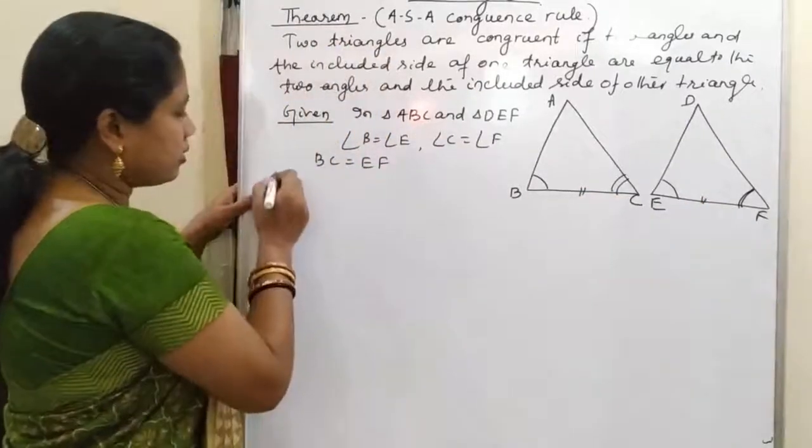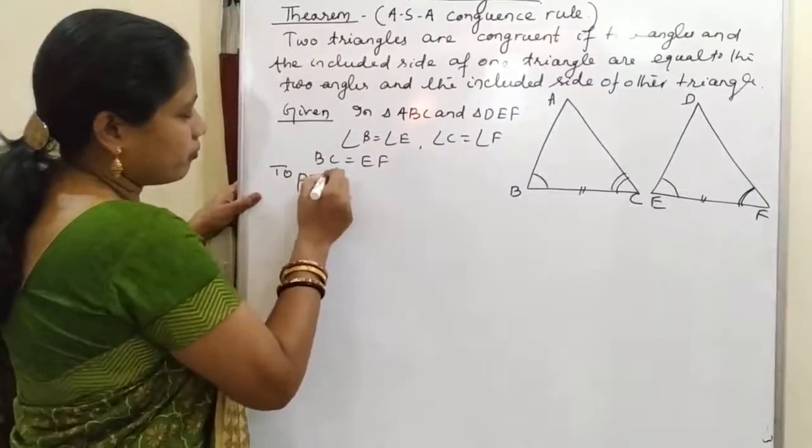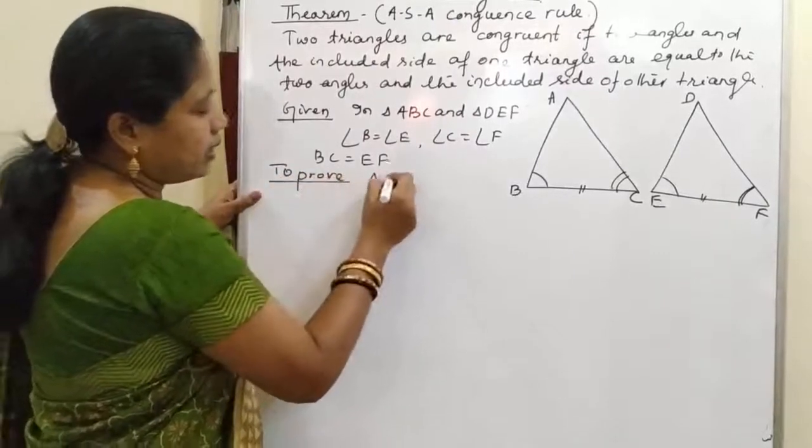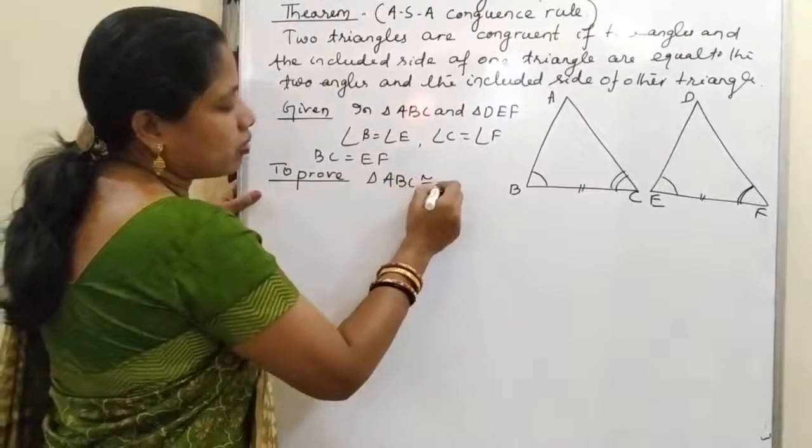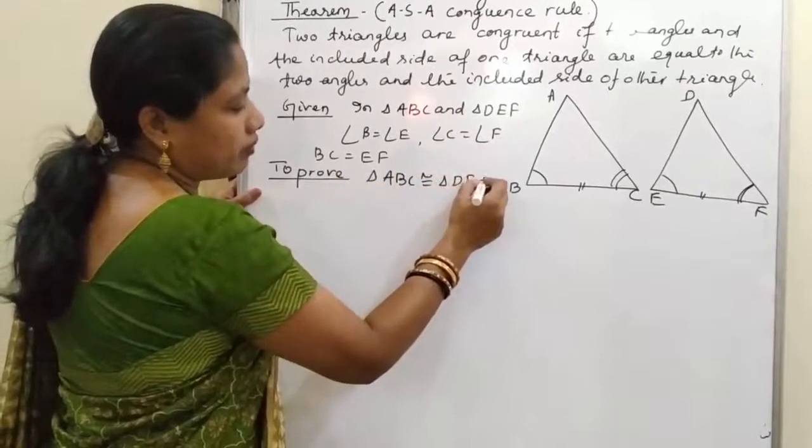So these are given. Then we have to prove triangle ABC is congruent to triangle DEF.